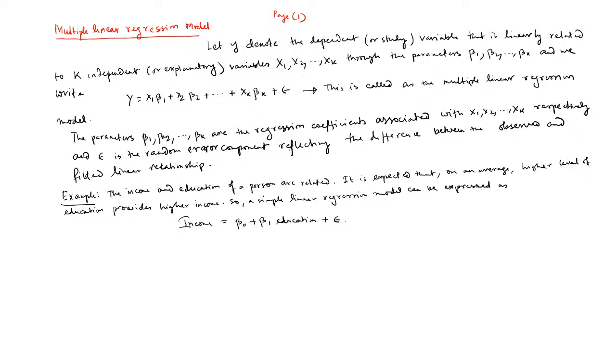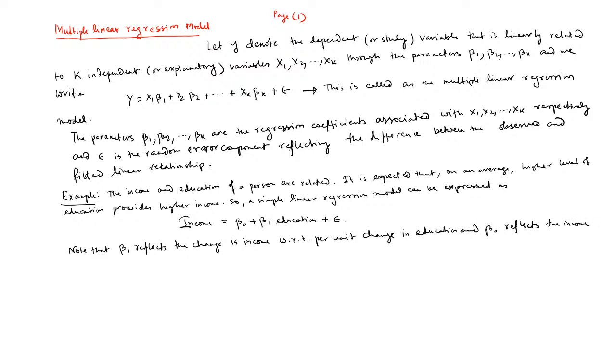Note that beta 1 reflects the change in income with respect to per unit change in education, and beta naught cannot reflect the income when education is 0.